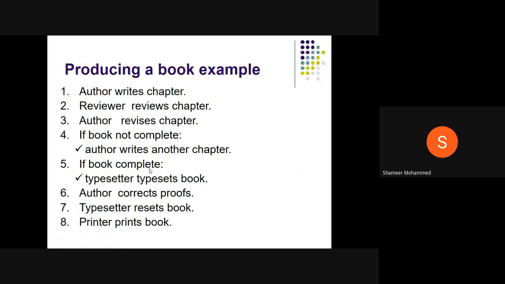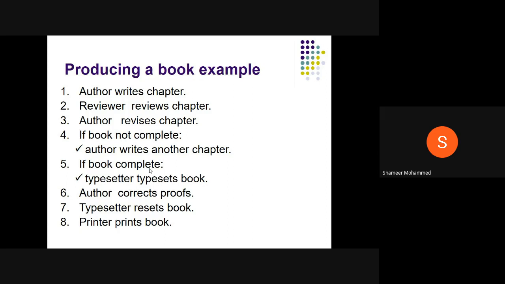Now the exercise for you is this. Read this one. First one is author writes chapter. After you write the chapter, reviewer reviews the chapter.